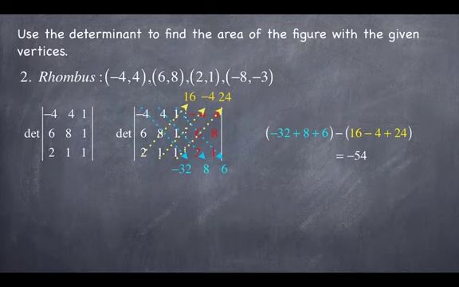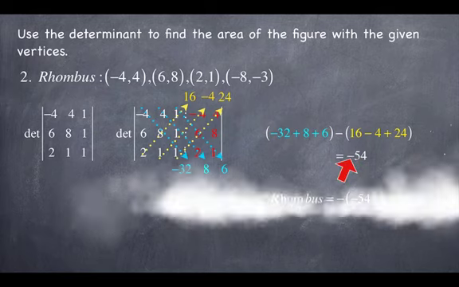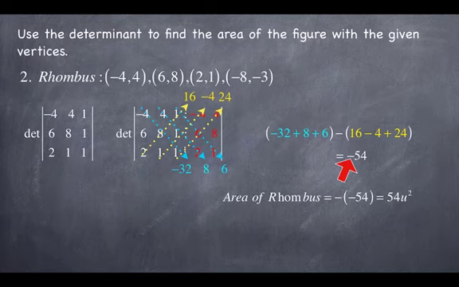Is this going to be the area of this rhombus? Of course not. Notice that you have a negative, so I am going to just multiply that by a negative, and I end up with 54 square units. Let's move on to the next slide.